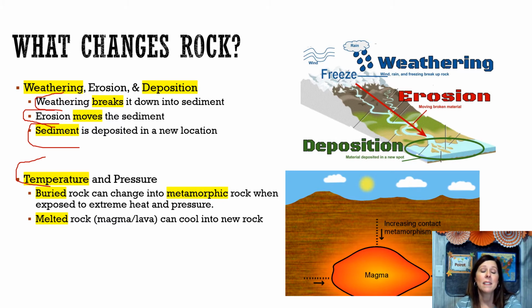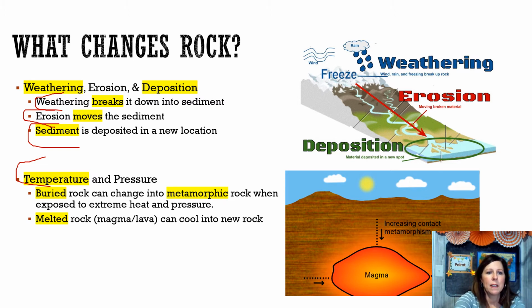In some cases, that rock gets hot enough to melt and it forms magma or molten rock. If the magma reaches Earth's surface, we know that that's called lava. Then the magma or lava eventually cools and solidifies to form a new rock.